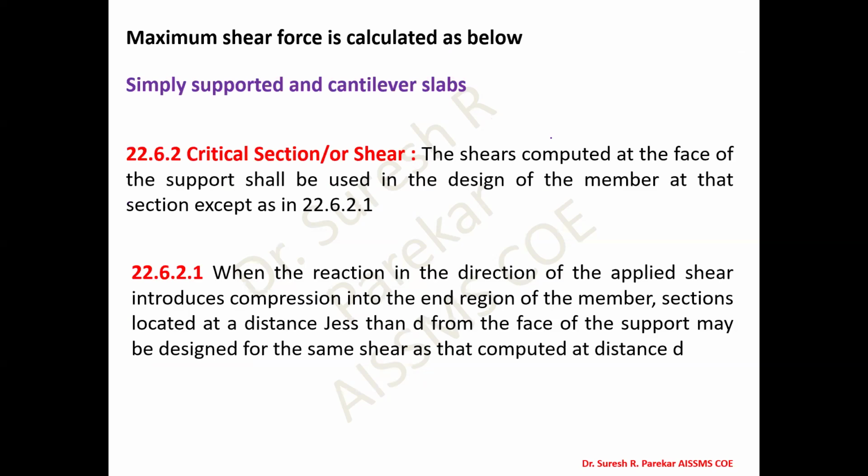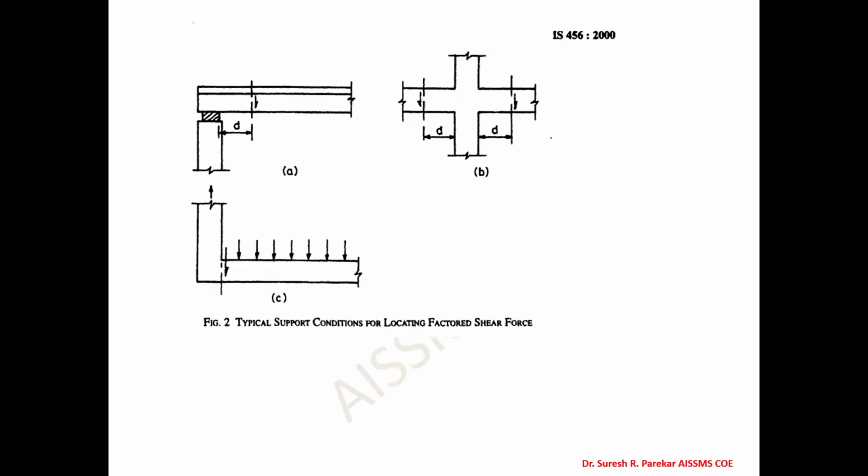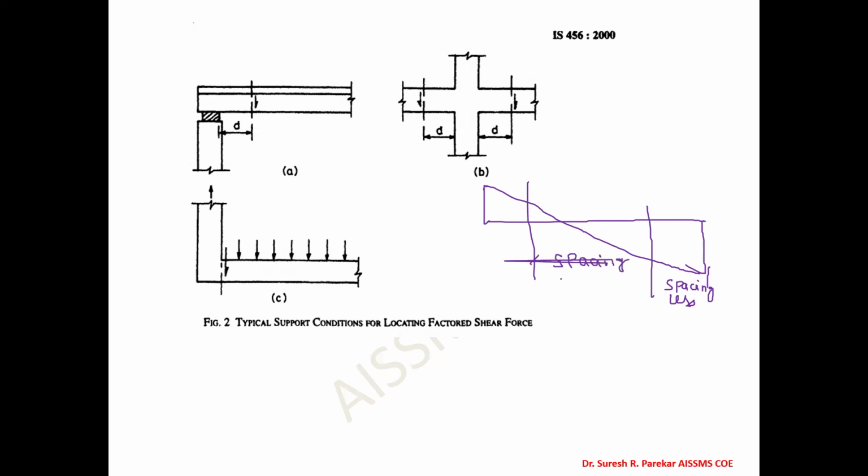Then we have shear reinforcement, and if we have the diagram in this fashion, then in this region spacing is less, and in the middle third spacing is more, because shear force is less. And the critical section, that we know, is at a distance d from the face of the support for shear force.